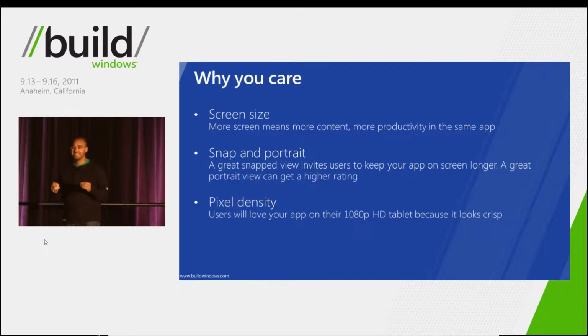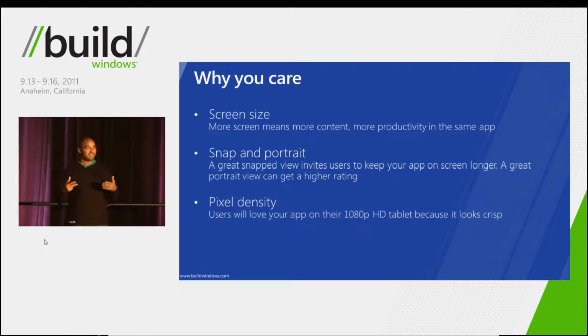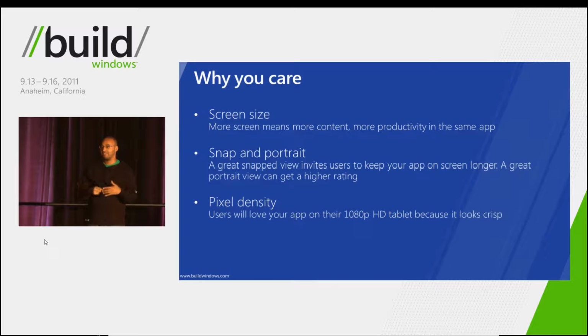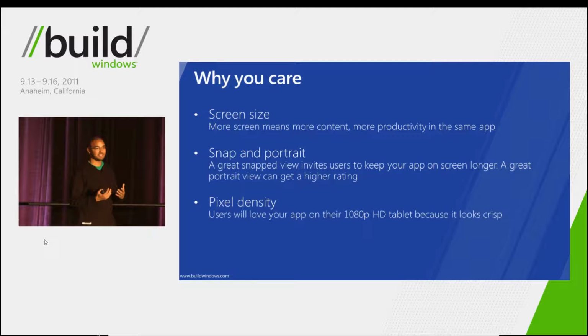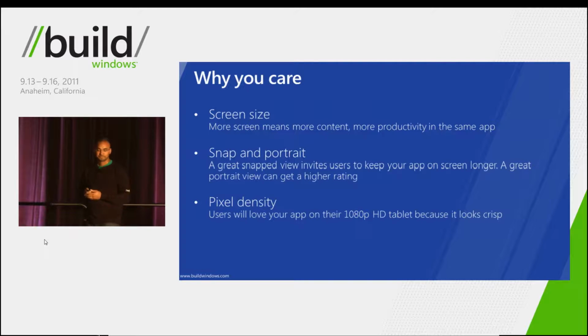And for pixel density, when people take home that new high-end 1080p tablet and they run your apps on it and it looks beautiful and crisp, they're going to blog and tweet and Facebook about how great your app looks. And really the exciting thing is that Windows 8 has been engineered to make it easy for developers to build these 3 things into their applications, all by using HTML5 and web technologies that we're familiar with. And Marcus is going to show us how to do that.